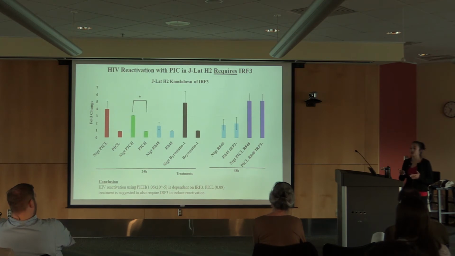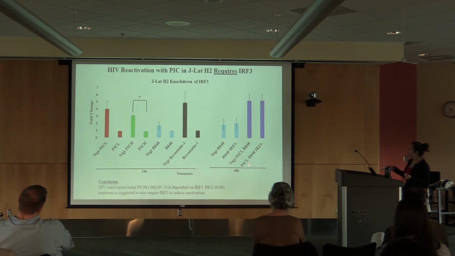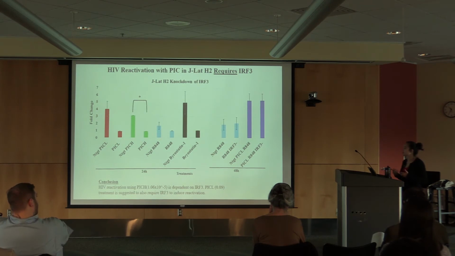They treated the cells with poly-IC low molecular weight, and they showed that IRF3 is necessary for HIV reactivation. So this is great. I'm showing this in a totally different cell line that is previously not shown. And for combination treatments, there was not much of a difference, possibly because the protein level was able to recover that extra 24 hours.